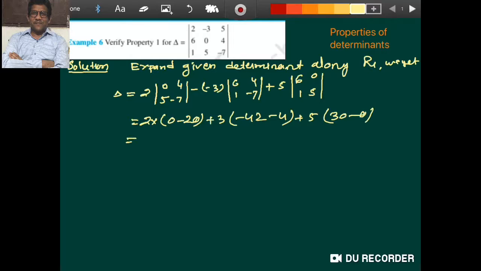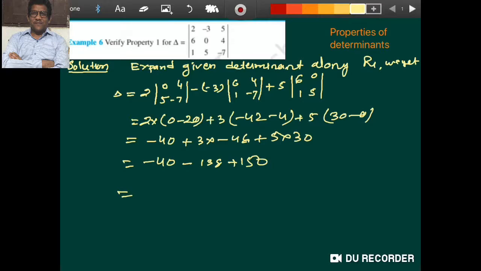We get here minus 40, plus 3 into minus 46, plus 5 into 30. That is minus 40 minus 138 plus 150, minus 178 plus 150, we will get minus 28.